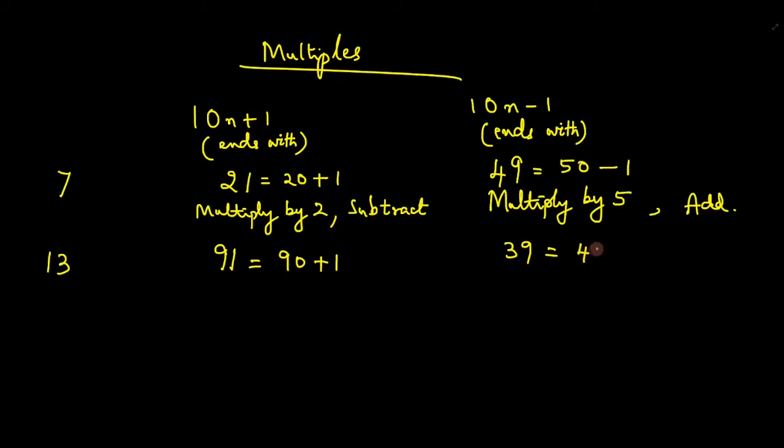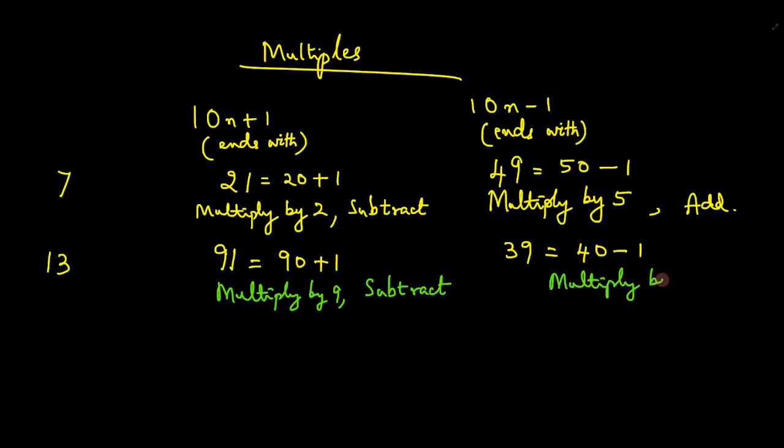This is 40 minus 1. So here multiply by 9, then subtract. Here multiply by 4, then add.